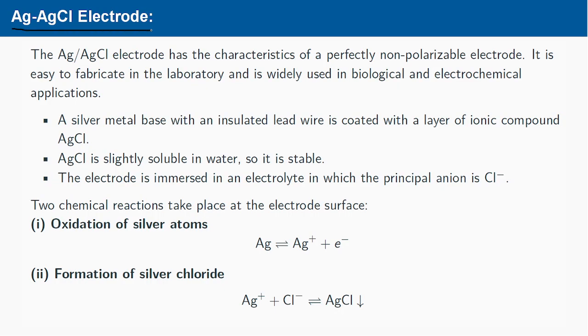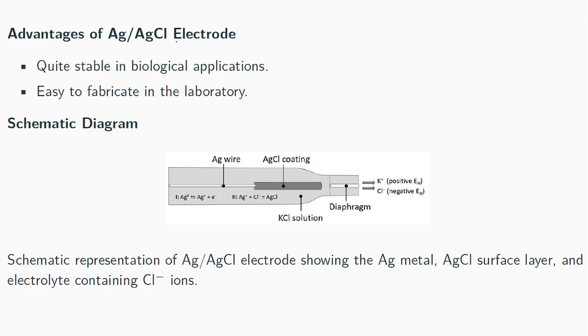Now the final one is your Ag-AgCl electrode, which is very useful because the advantage of using Ag is that they are quite stable for biological applications, and they are easy to fabricate in the lab.